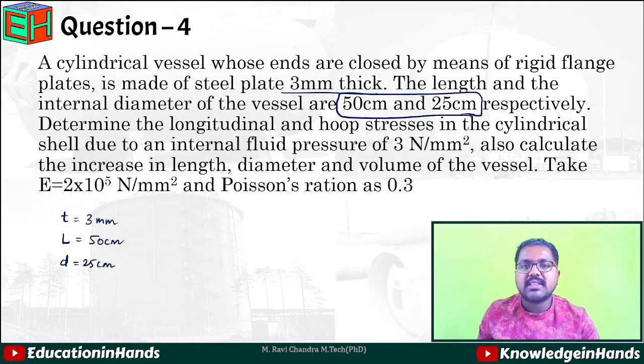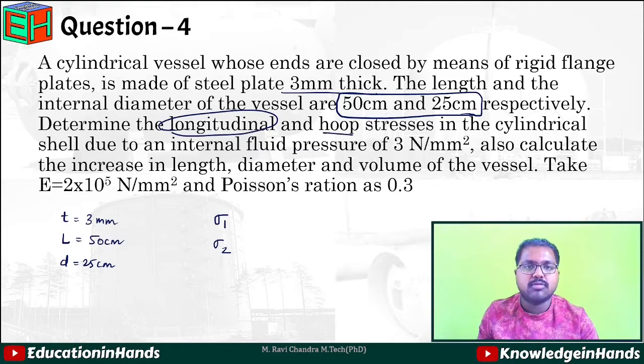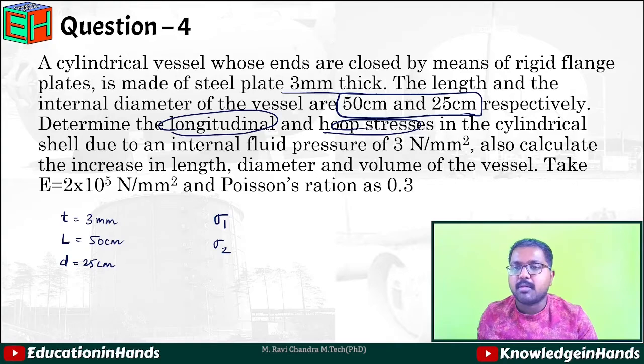So determine the longitudinal and hoop stresses. What they are asking is that we need to find sigma 1 and sigma 2; longitudinal is sigma 2 and hoop stress is sigma 1, in the cylindrical shell due to the internal fluid pressure of 3 Newton per mm square.